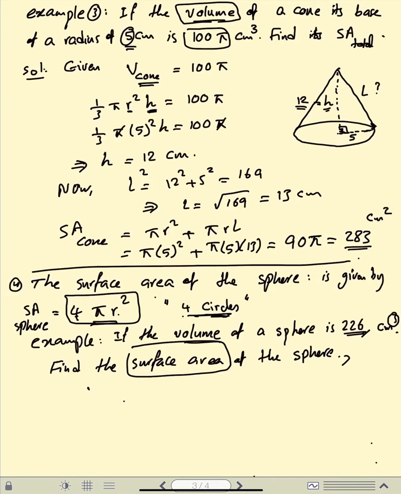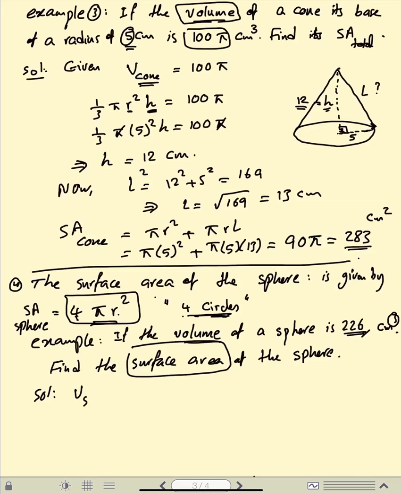If the volume of a sphere is 226 centimeters cubed, find the surface area of the sphere. Simple, the same thing. Solution. We must memorize the formulas, because I explained them in the last part.